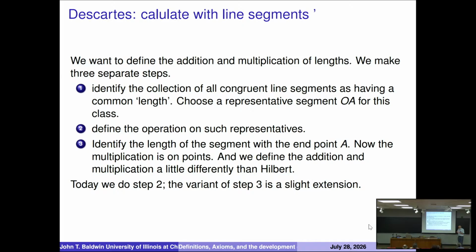And then you define operations on those, both addition and multiplication. To make it an operation on points rather than segments, you can fix 0, and then the line segment 0A will be A, and the operation becomes one on points. That makes it a little easier to describe subtraction.